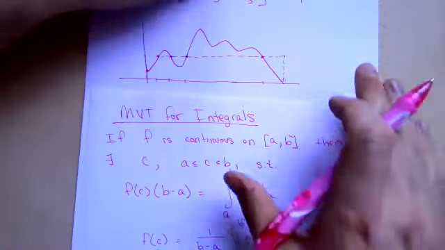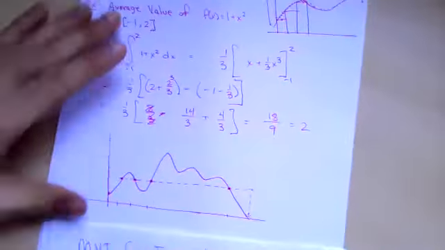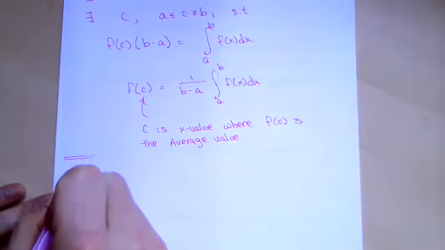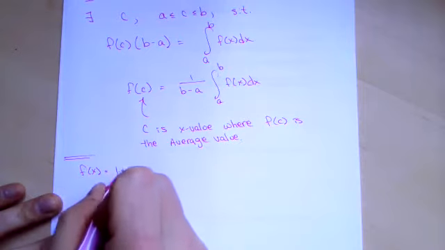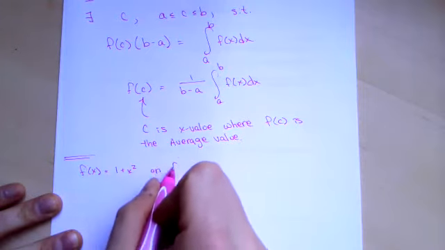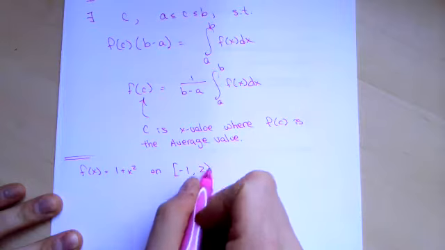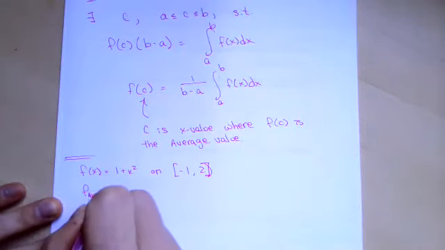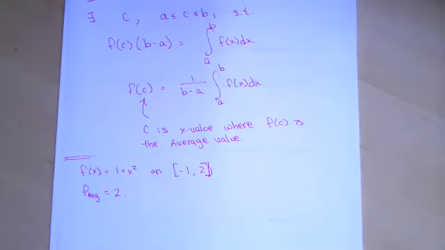Let's go ahead and solve this for that last function. We had f of x is 1 plus x squared on minus 1 to 2, and we found that the average value was 2.